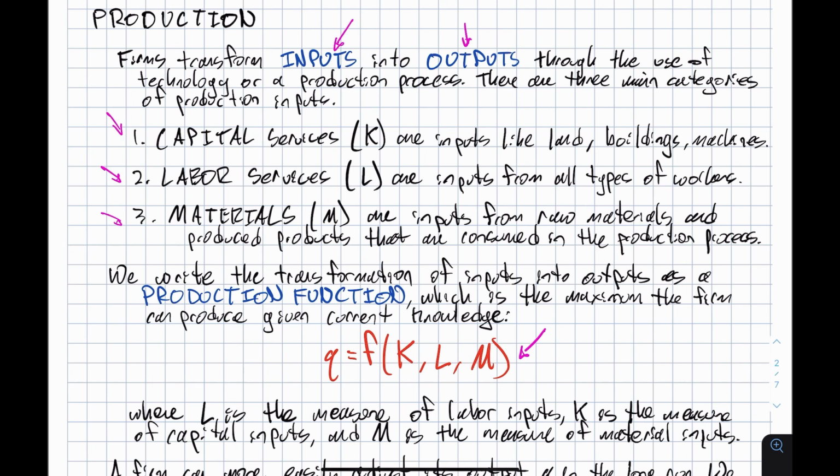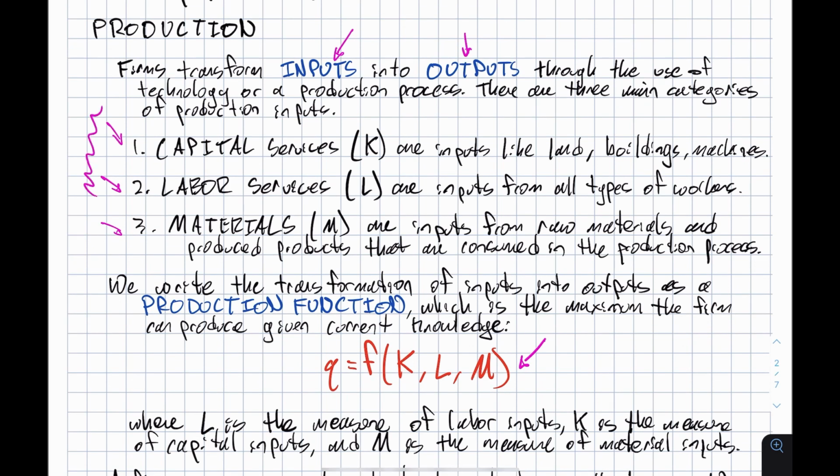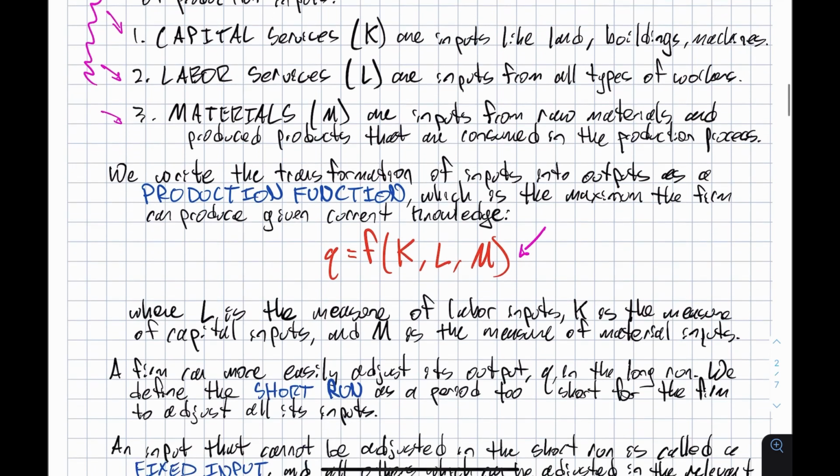But when you're producing bread, you already know generally what the inputs required are. It's a recipe. So when we're modeling firms, we typically look at only labor and capital, these two. So you basically will never see materials as part of our model.